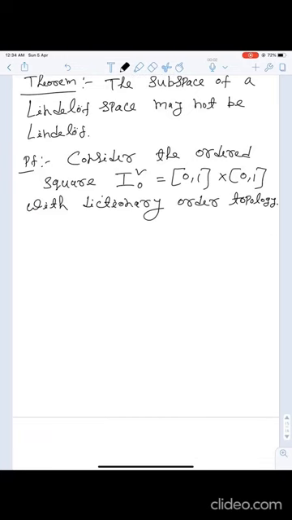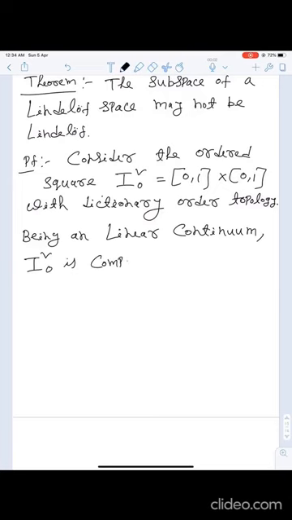Now, why is this Lindelof? We know that this is compact, right? So, being a linear continuum, this ordered square is compact and hence Lindelof.